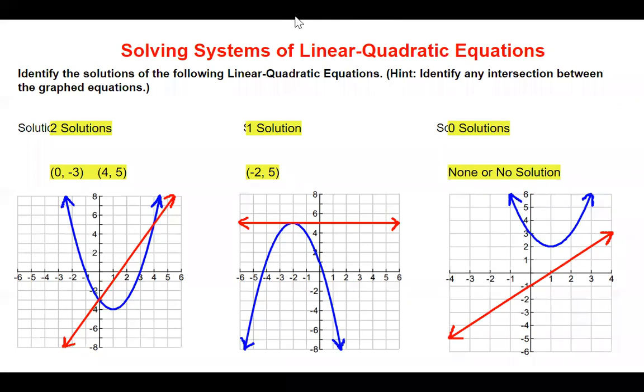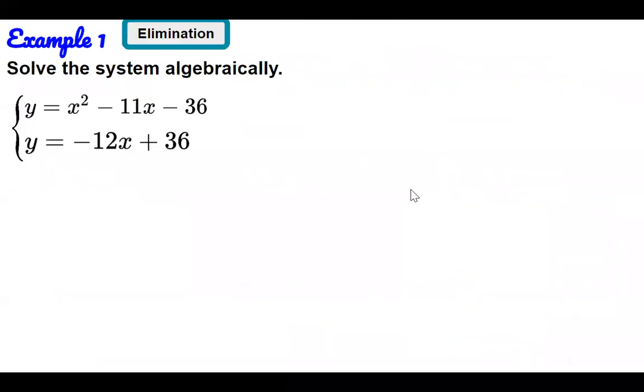Okay, now here's our first example for today. Solve the system algebraically. We're going to choose elimination this time. So how exactly do we do elimination? Very similar to when we had two linear equations. We're going to look at the coefficients and see which variable we need to eliminate.